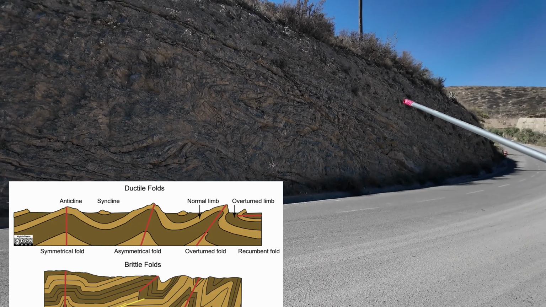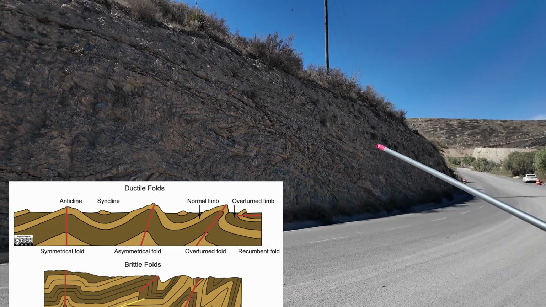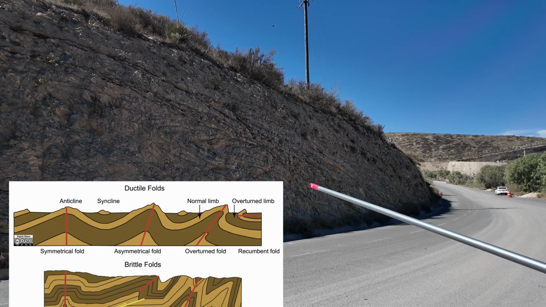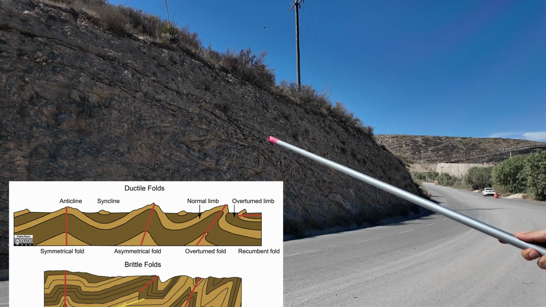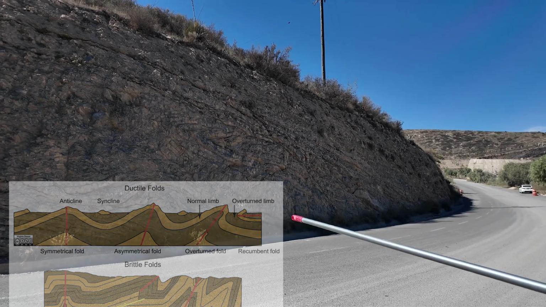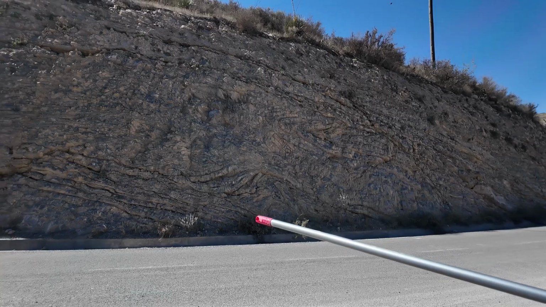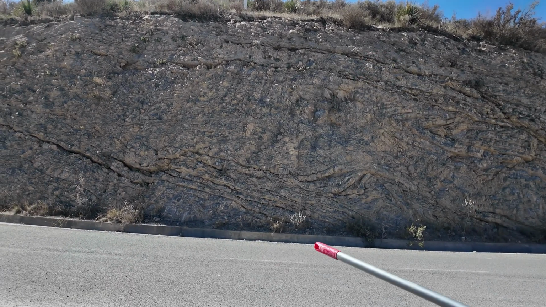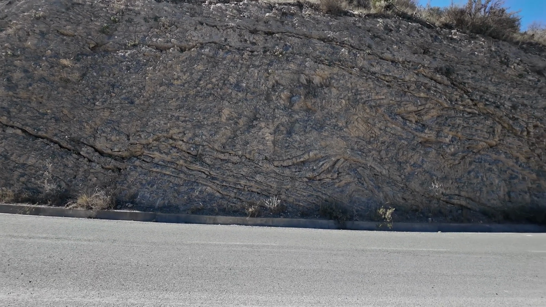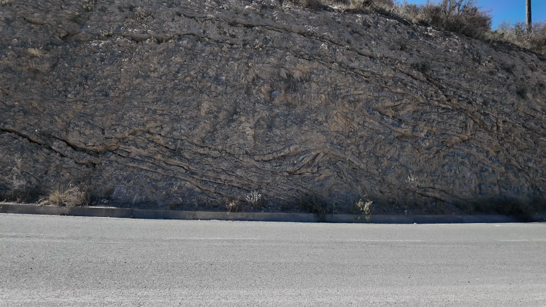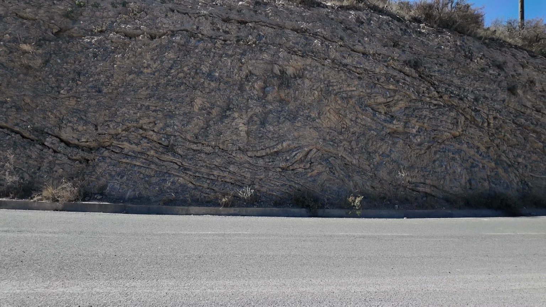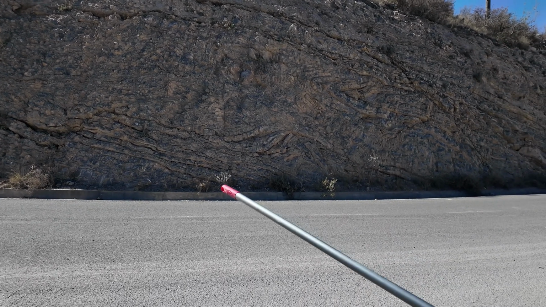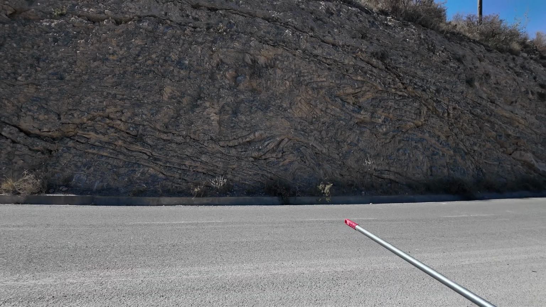The same situation happened here, right? In which basically you have also another fault that is showing us that probably this block was going up on top of this block before the normal faulting happens. These are the different events that have affected the outcrop. Okay, so first you have the sedimentation, right?